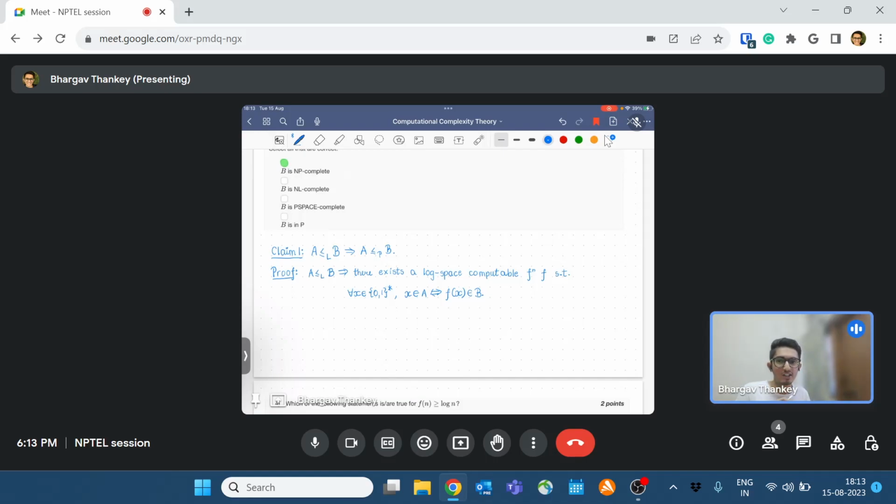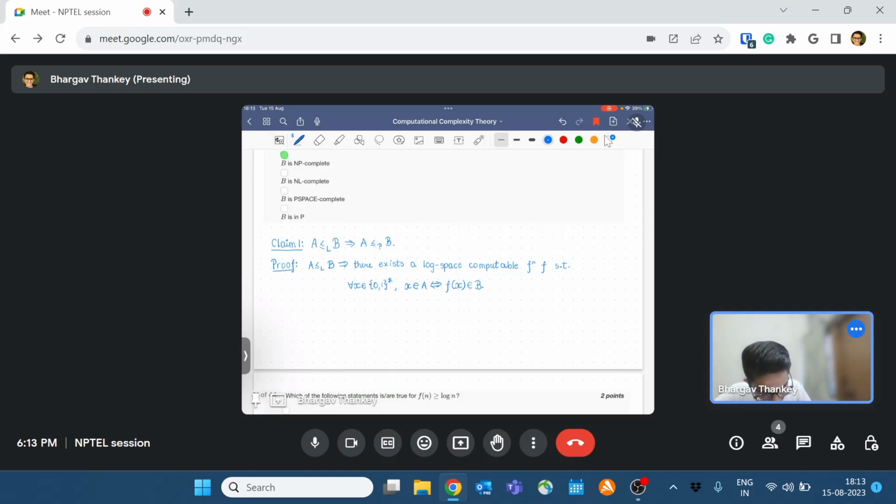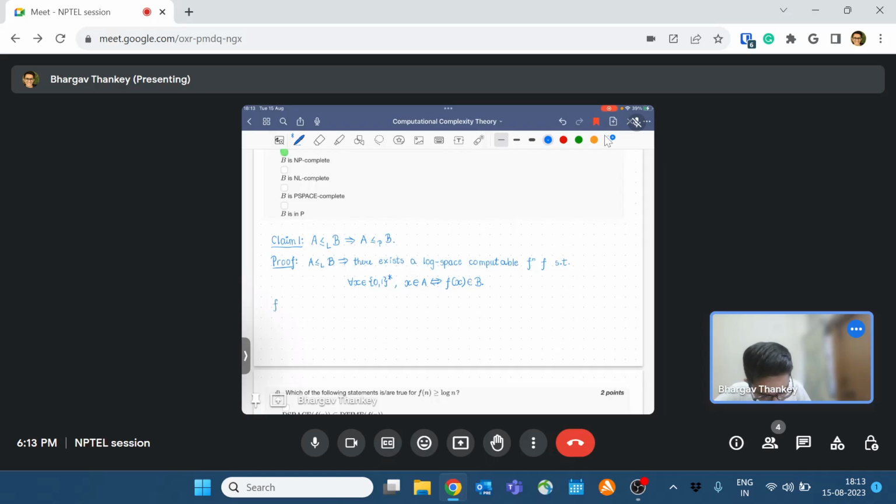So there is a Turing machine that only uses logarithmic space that can compute f, and a Turing machine that only uses logarithmic space would also only use polynomial time, right? Yes. Right. So that implies that f is polytime computable.